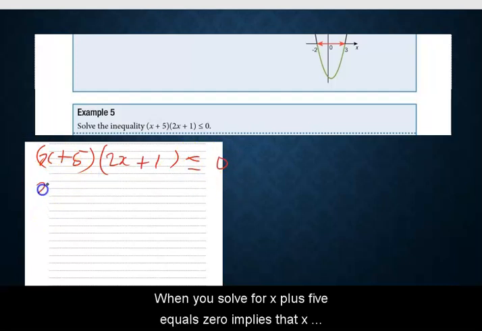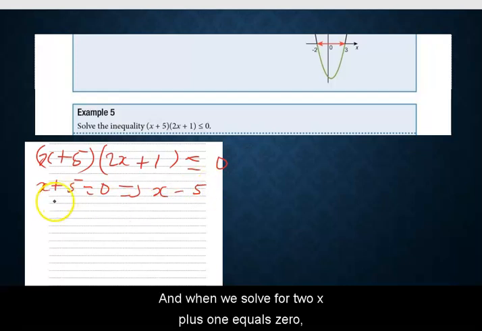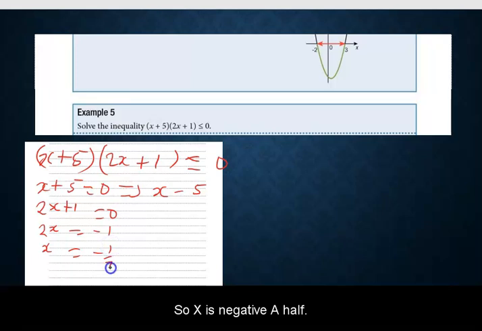When you solve x plus 5 equals 0, it implies that x is negative 5. And when we solve 2x plus 1 equals 0, this becomes 2x equals negative 1, so x is negative a half.